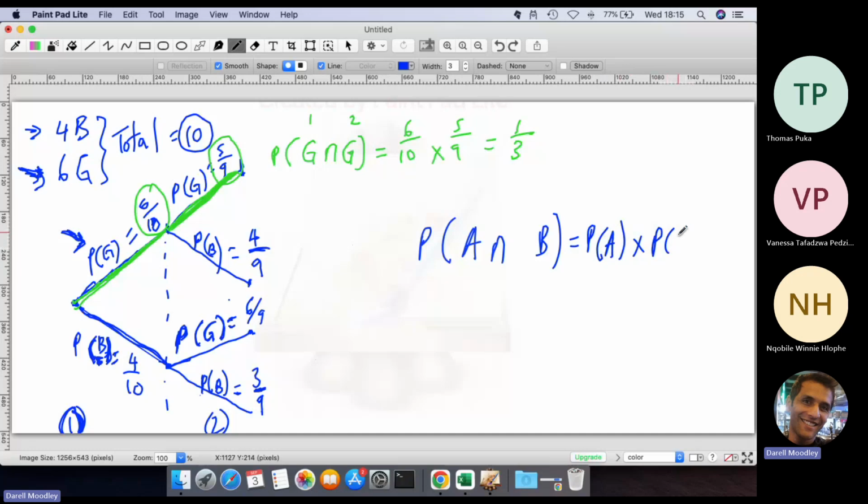Okay, I covered this last week. If you're not familiar with it, you can just watch that video again. But I'll just quickly explain it to you from this problem. Okay, why would each of these probabilities, 1 and 2, be independent?